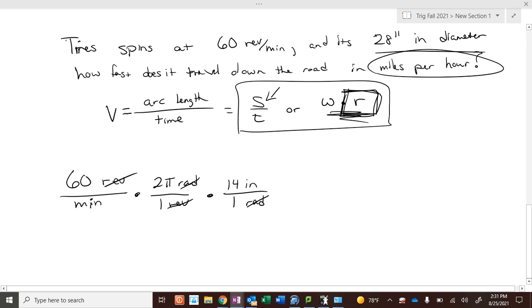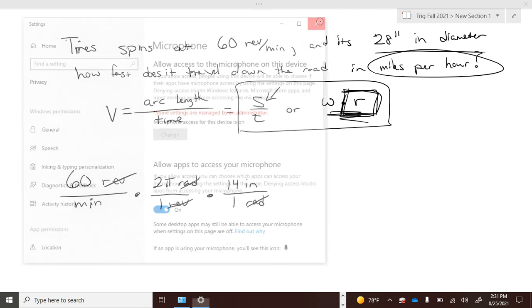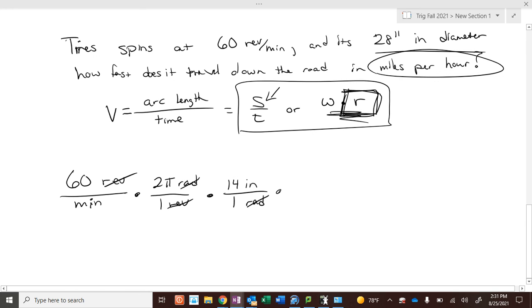If I want to get into miles per hour, then I just do simple unit conversion ratios until I get there. Okay? Does everybody know how many inches there are in a mile? No, I didn't think so. But does anybody know how many feet are in a mile? Yeah, absolutely. I was waiting for Mr. Olson to shout out a correct answer because that's what he does. That's his job in here.